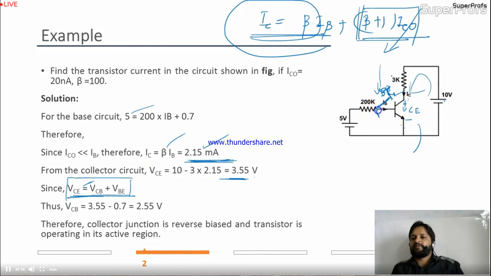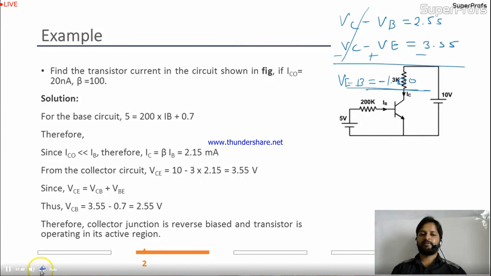Is that okay? And this is between base and emitter, VBE. So this is the circuit. So we are getting VCE is equal to VCB plus VBE. So VCB is 2.55. Therefore the collector junction is reverse biased and the transistor is operating in the active region. Is it okay? So this is about this question.